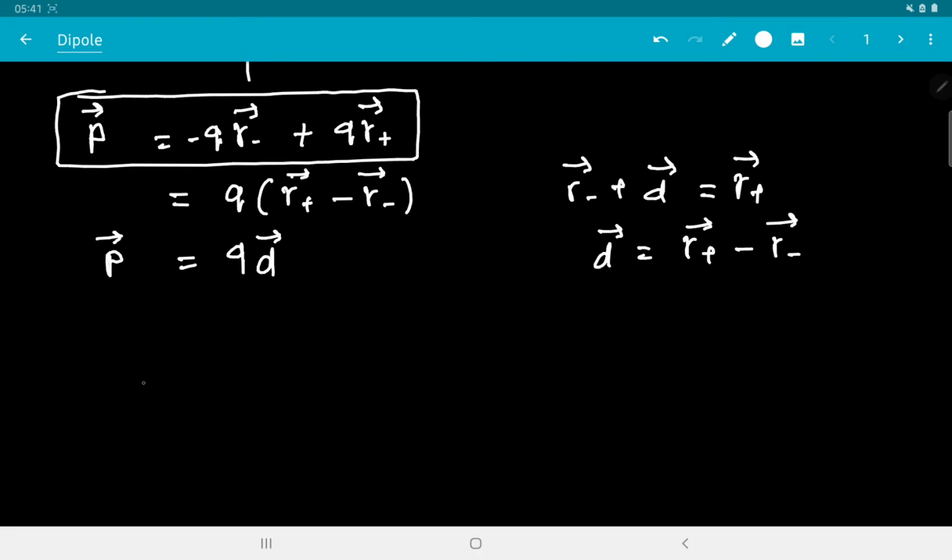So for discrete charges, here what we have done is we have taken the product of the charge and the position vector. For discrete charges, we can write summation of qi into ri, which is the position vector, where i is from 1 to n.